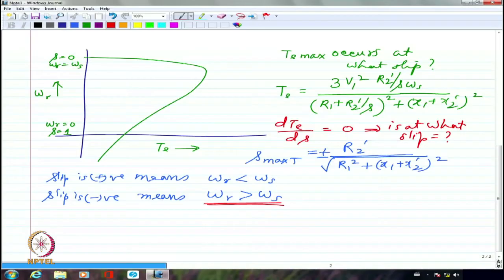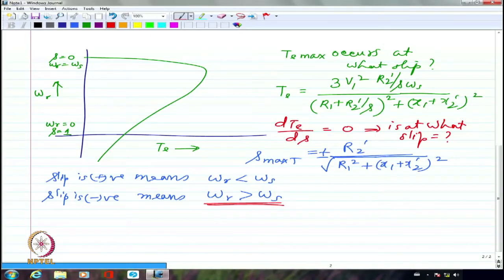The prime mover can be a turbine, a wind turbine or an IC engine or whatever, it doesn't matter, but it can also be gravitational pull. So if the gravitational pull is actually acting like a prime mover, and if the speed goes beyond the rated speed or synchronous speed, that is going to cause the slip to go into the negative region. And if the slip is going into the negative region, and if I have a prime mover, in all probability, the mechanical energy will be converted into electrical energy.